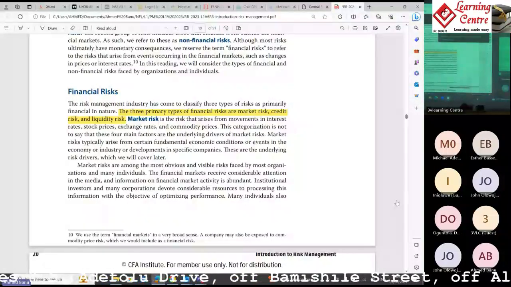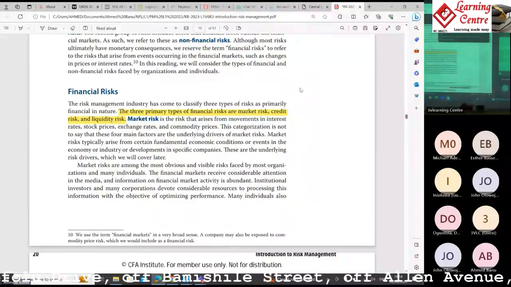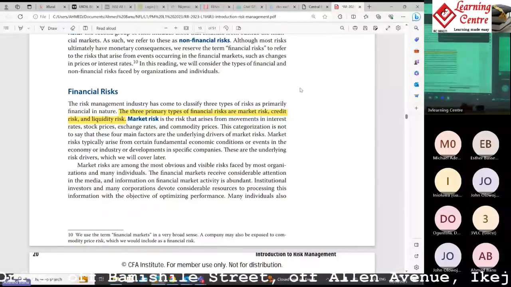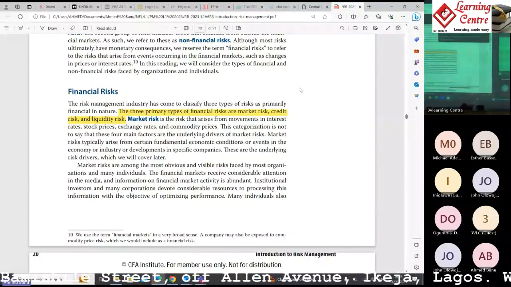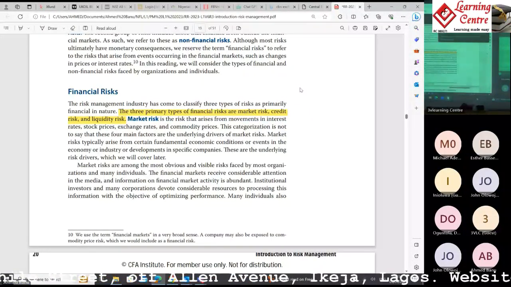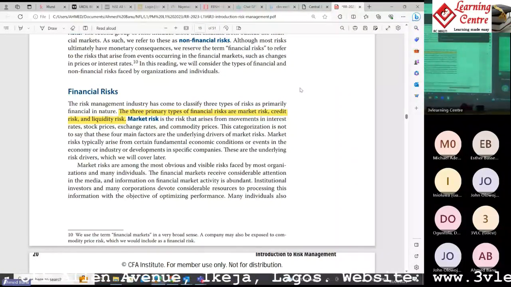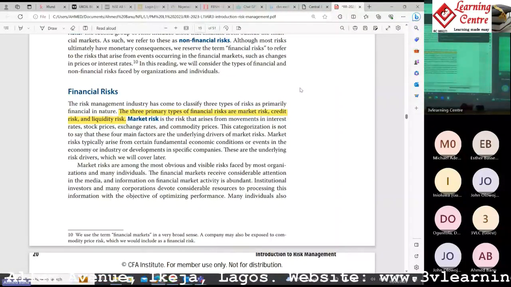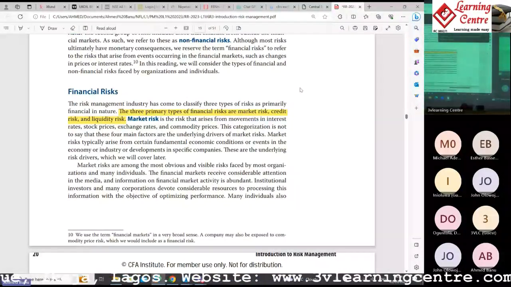So I said market risk is the risk that arises from changes in prices. As long as your asset has a price and that price is not stable throughout your investment period, then you are exposed to market risk. So that's market risk in a nutshell.